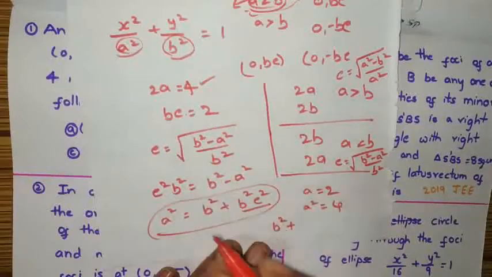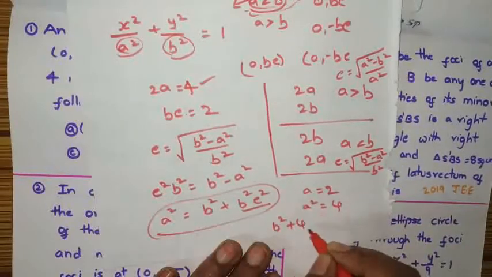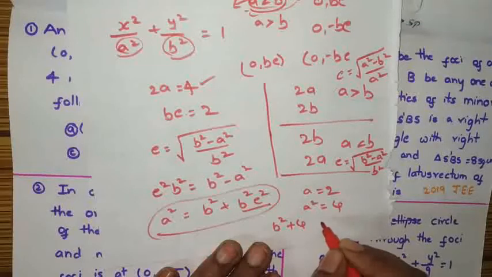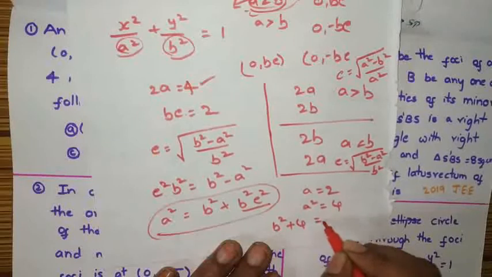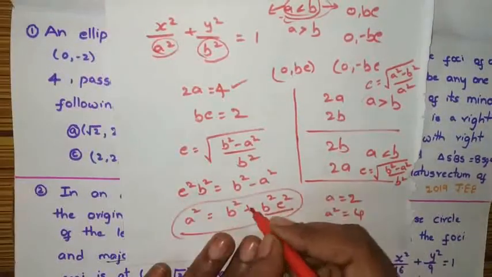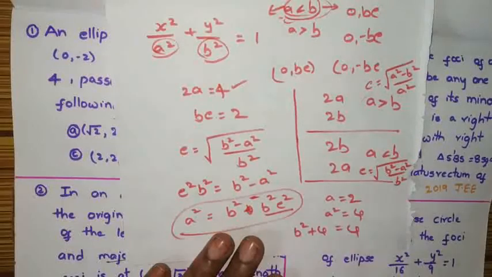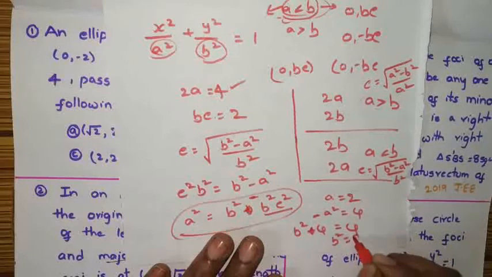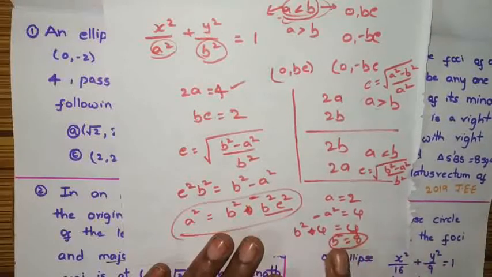BE is 2. Then B square E square value will be 4. Right. Then it will become 4 equals B square, sorry, this is minus, right? And B square value will be 8. Okay, we got B square value.